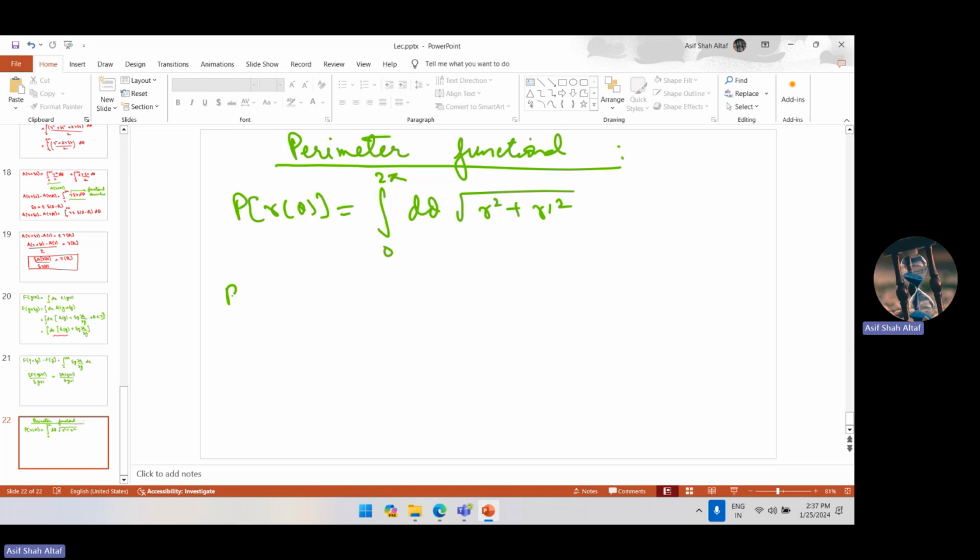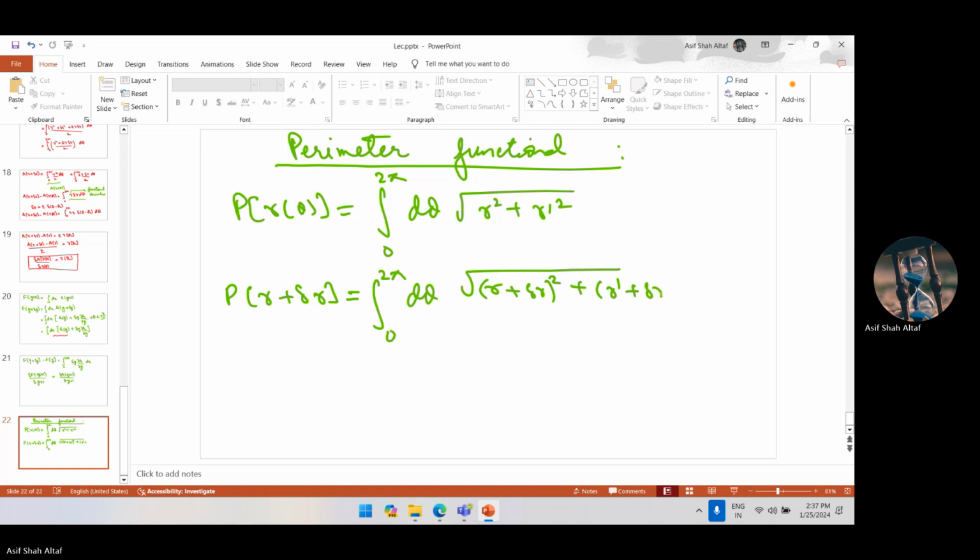So the steps are, first we find the change in the function. Next, let's try to expand the terms. We would have r squared.